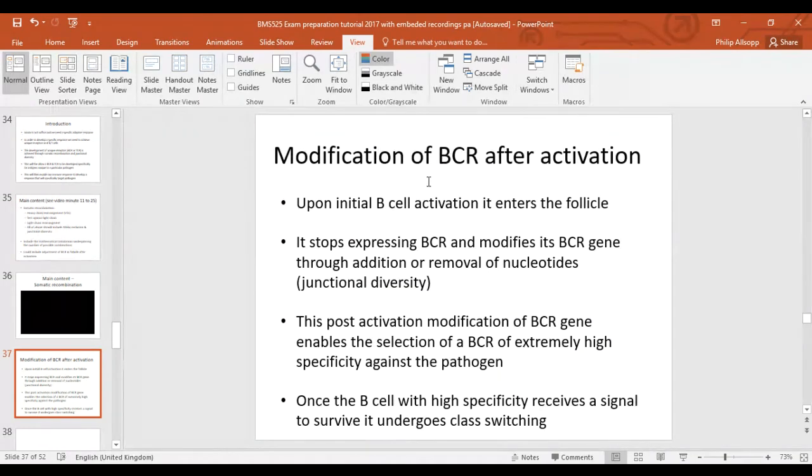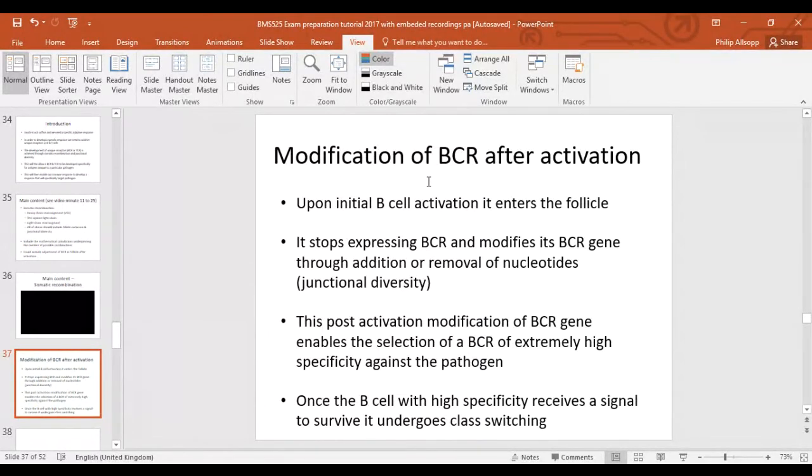Some of the cells or centroblasts that manipulate their genes will increase the affinity of the B cell receptor for the pathogen, and in some of them it will reduce the affinity of the B cell receptor for the pathogen. And that's fine, because what then happens is those cells that manipulated their B cell receptor to increase affinity for the pathogen will be selected and given a signal to survive.